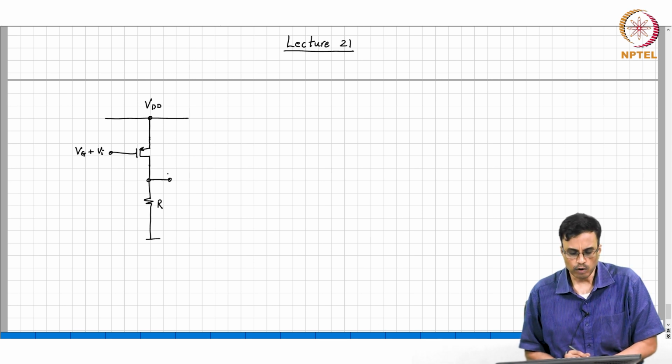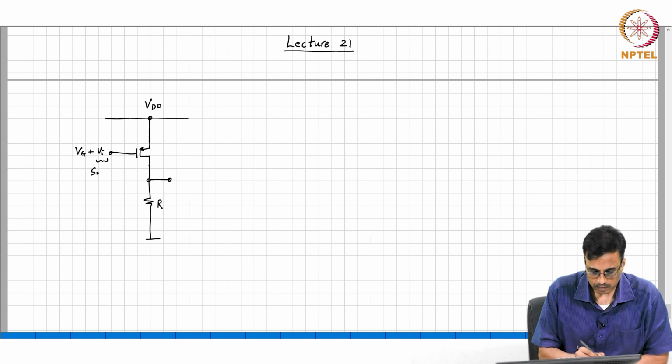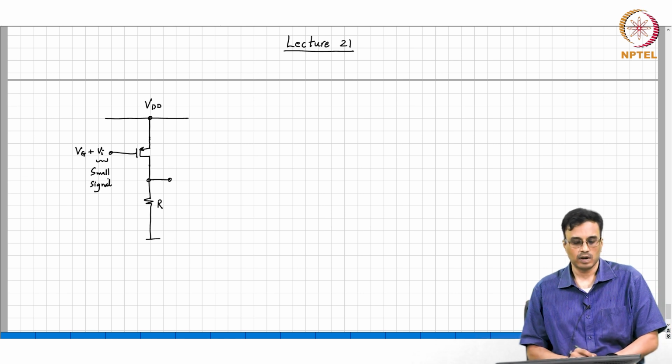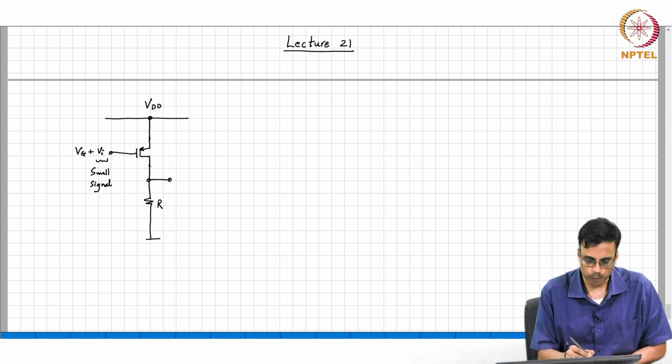Vi is a small signal, or an increment. So, first things first, we have to find the operating point at the output.